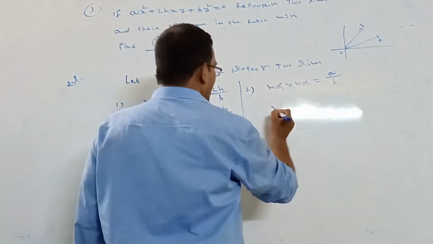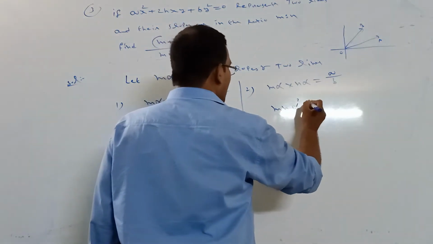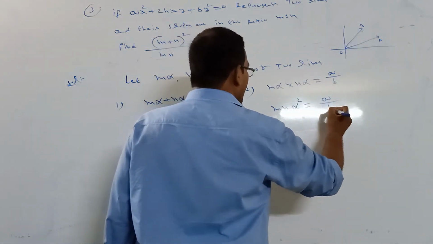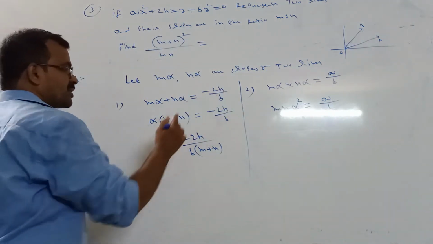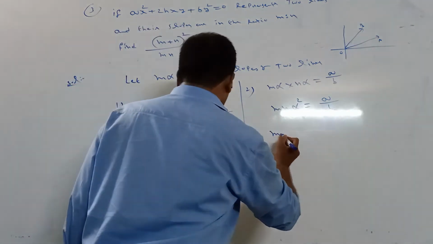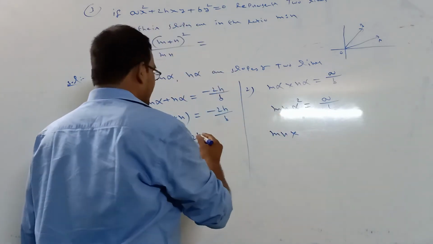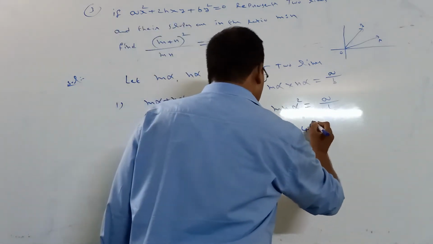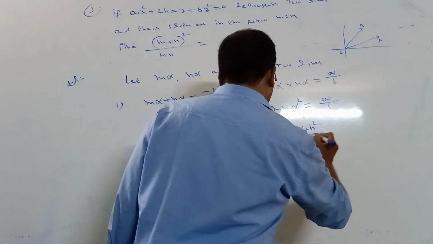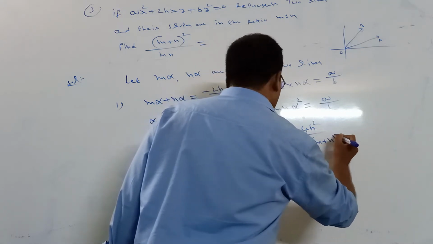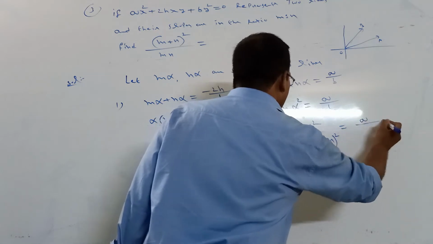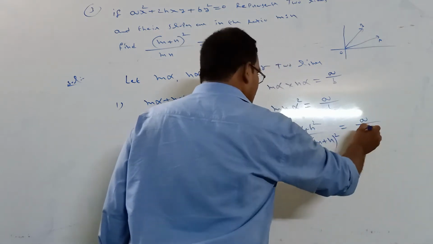Now I multiply: mn alpha square equals a by b. Here I substitute the alpha value. So mn into alpha square, which is 4h square by b square into m plus n whole square, equals a by b. So one b cancels on both sides.